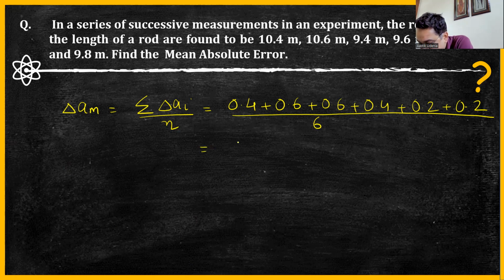You said 0.5, now it has become 0.4. Okay, this is the mean absolute error. Do we understand this? Yes, sir. Anyone understands this? Shall we move ahead? Yes, sir.